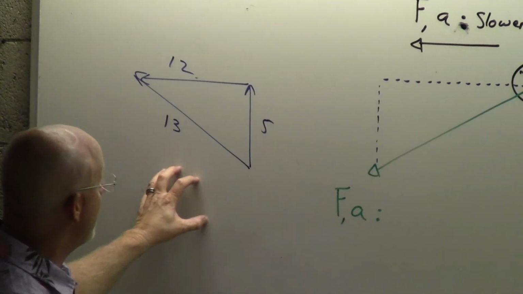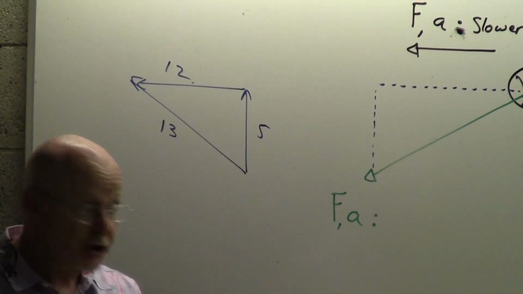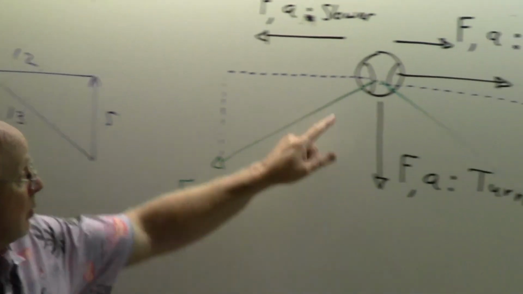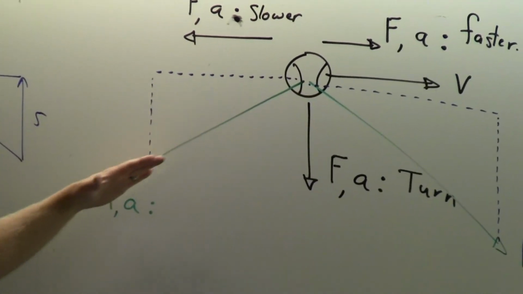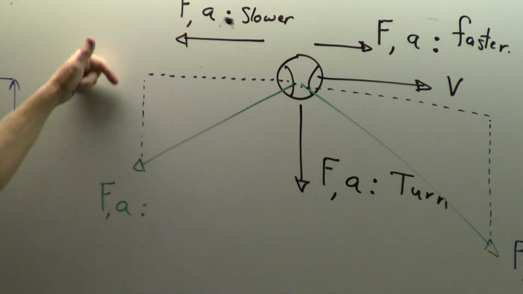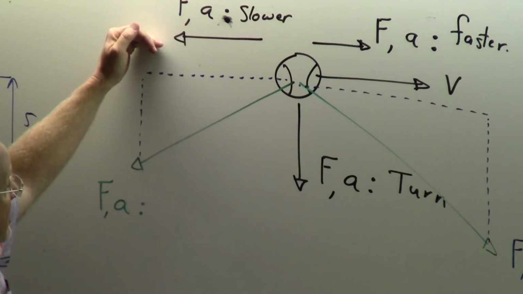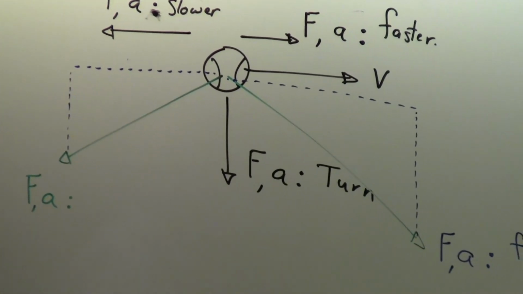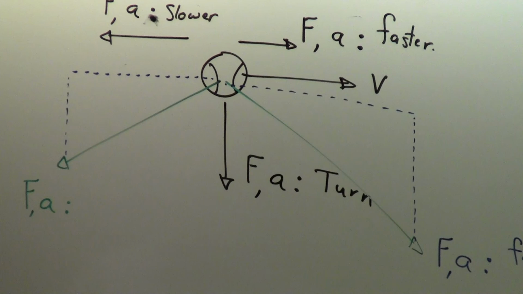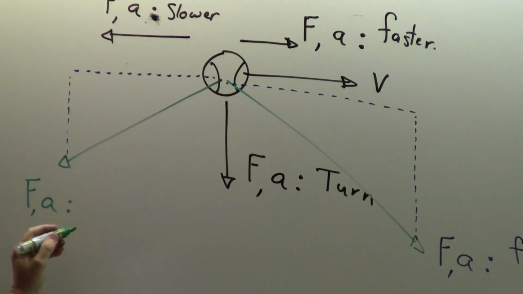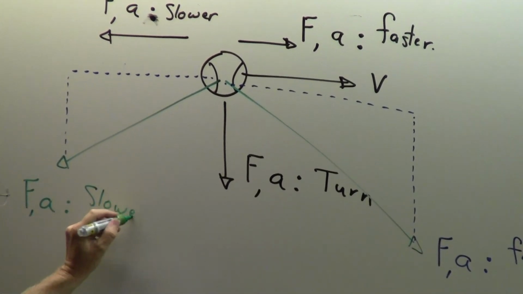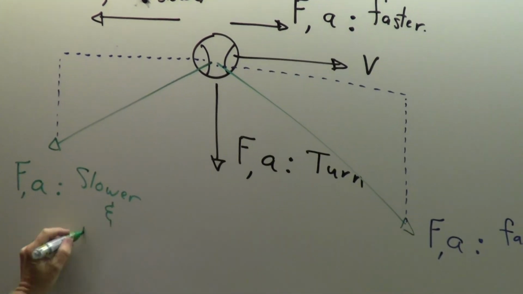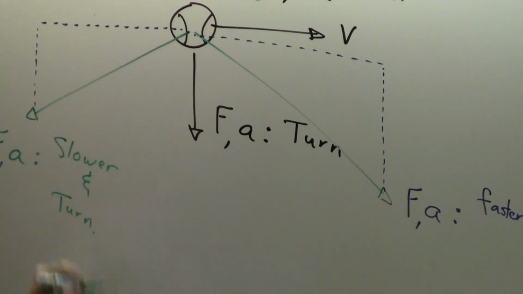And so that one force is really made of those two. And that's what I'm trying to say here. This one force, which is down at an angle, can be thought of as this and this at the same time. This part of it slows it down, this part of it turns it. And so finishing up here, I will say this makes it go slower and turn.